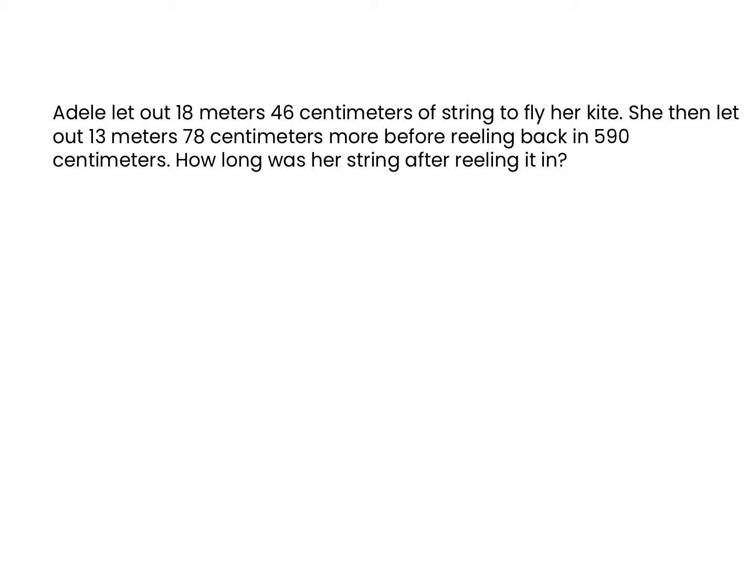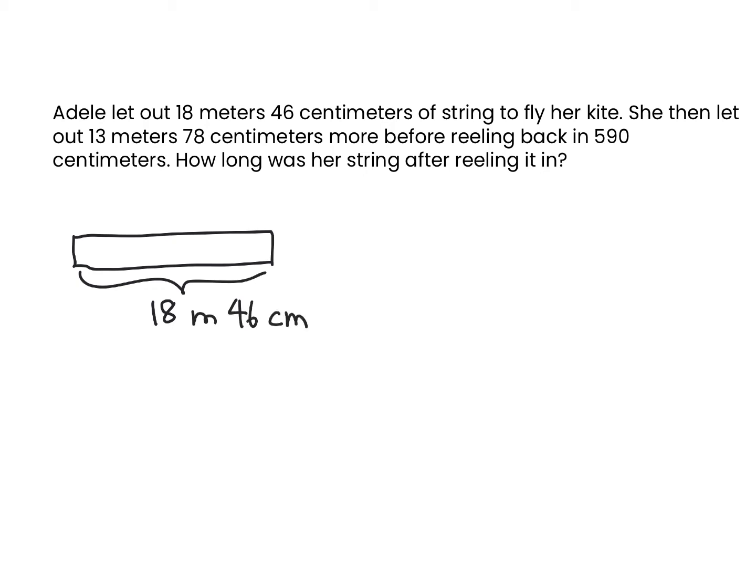So she let out 18 meters, 46 centimeters. So let's put that in. Hopefully I got those right. And then she let out 13 meters, 78 centimeters. So let's put that in.